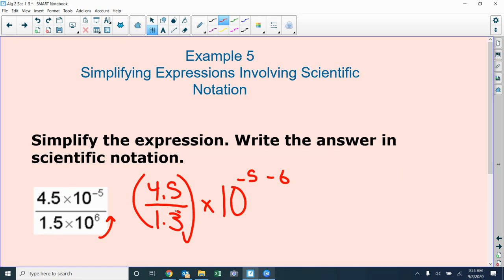This should be 5. So you see why this part is part of this section. Now, 4.5 divided by 1.5 gives me what? 3.0 times 10, I'm just gonna add my exponent, 10 to the what? Negative 11.